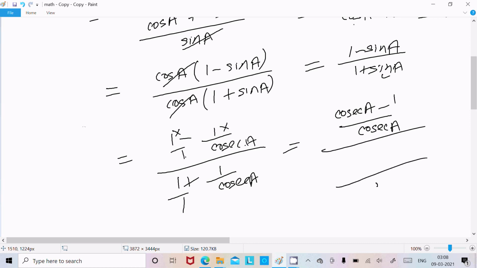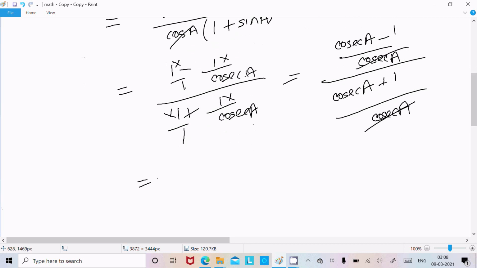Now hereafter we can write and down cosec A. So 1 divided with cosec A comes cosec A multiplied with 1. So here we can write cosec, and plus cosec divided, 1 multiplied with 1 comes 1. This cosec will cancel.